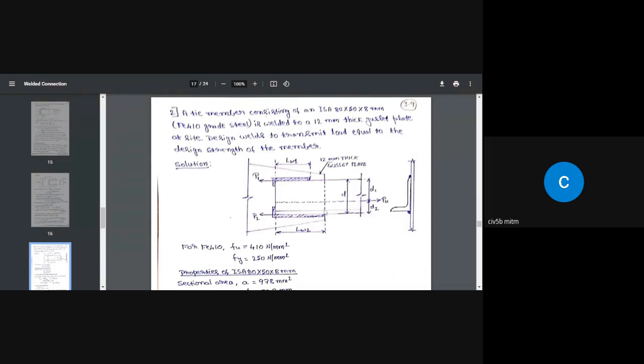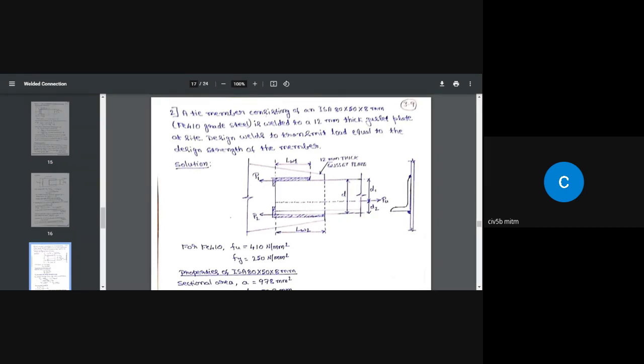It also says the gusset plate is at site. Remember, because the welding is being done at the site. Design welds to transmit load equal to the design strength of the member. So here the force is not given.